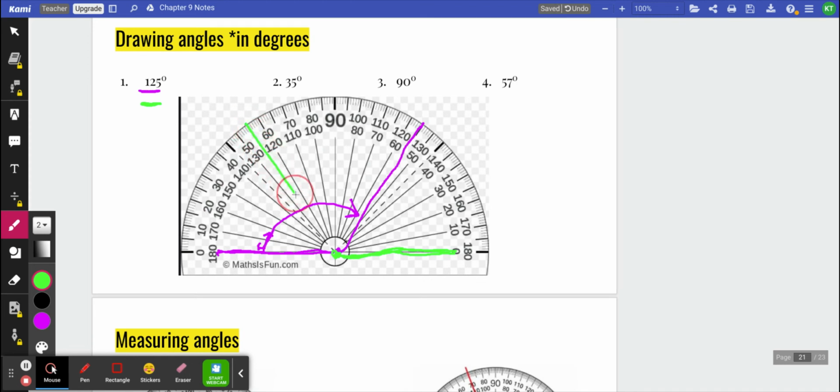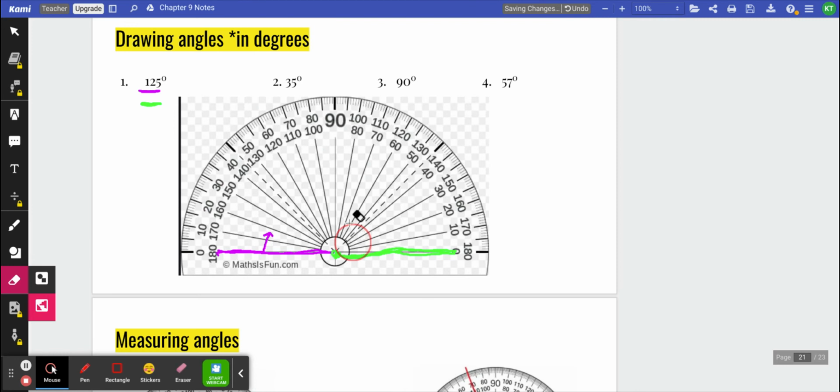Here's 125, and this would be my angle of 125. It doesn't matter which one you use when you're drawing; the direction determines whether you use the top or the bottom row of numbers. You should be able to identify obtuse and acute, which we'll practice.